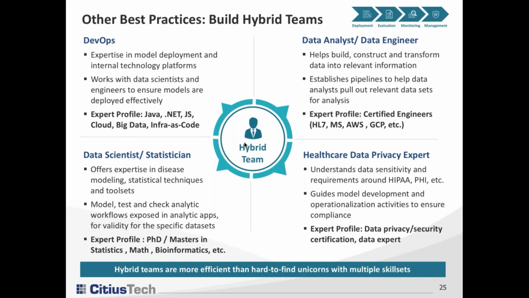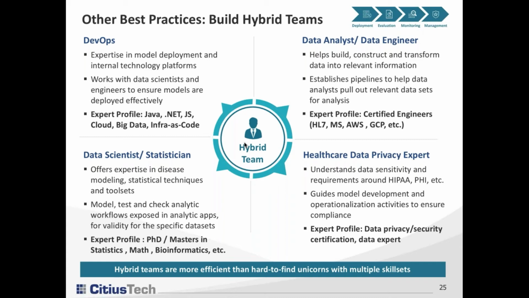So the idea is to build a hybrid team consisting of, for example, data scientists, DevOps staff, data engineers, and healthcare privacy experts. And the latter actually becomes important when dealing with healthcare data. We talked a little bit before about HIPAA constraints and the necessity sometimes to de-identify sensitive data sets in a compliant fashion. Healthcare organizations usually have dedicated teams that focus on data usage and privacy policies.